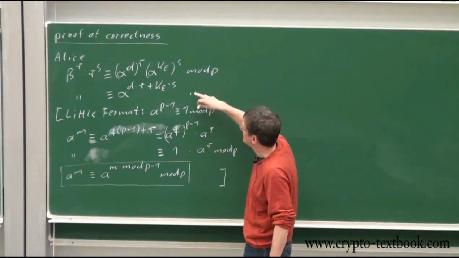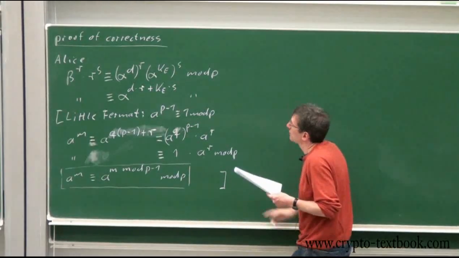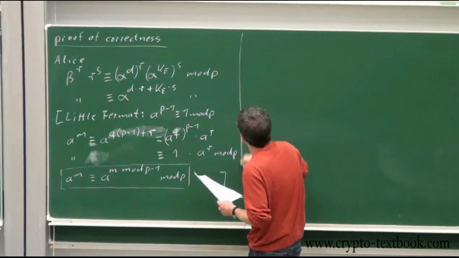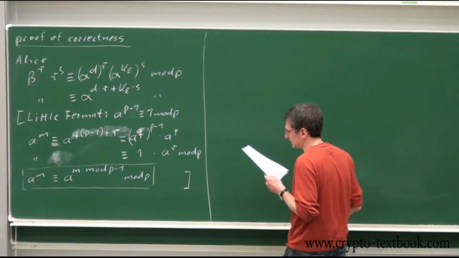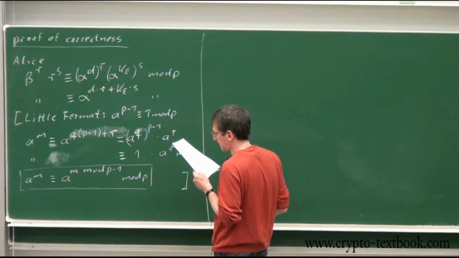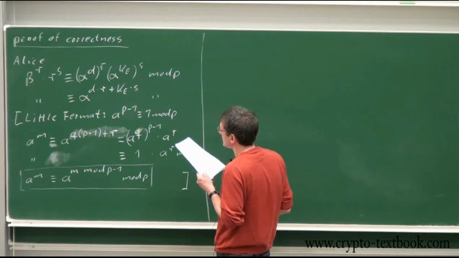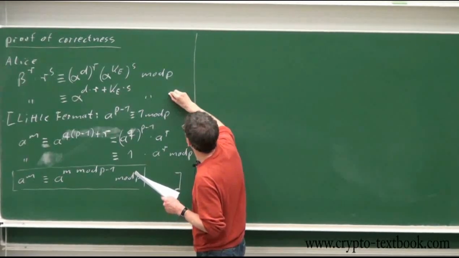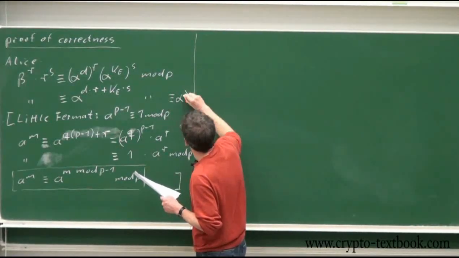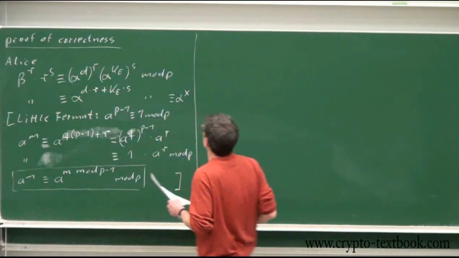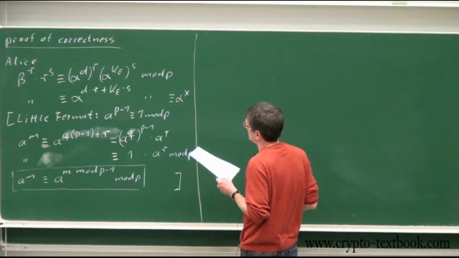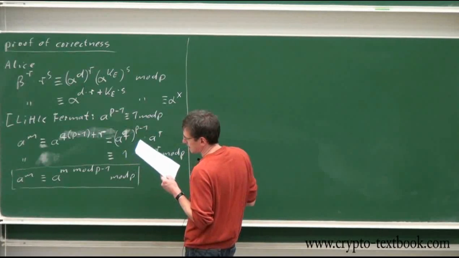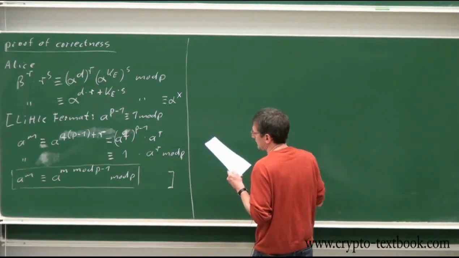So we do modulo p here, but what we essentially want is to work with the exponent from here on. So what we can do at this point is maybe introduce, and we have to show that this is equal to alpha to the x, so we have to look at what we... yeah, we call that x, that's fine.